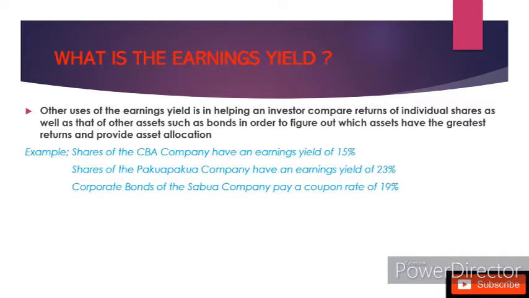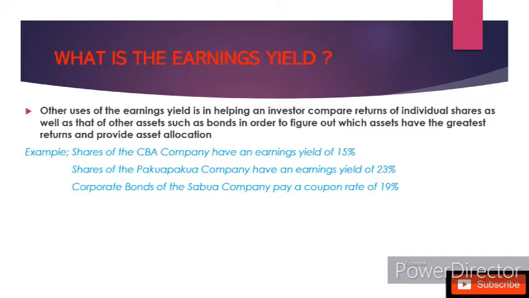Other uses of the earnings yield is helping an investor compare returns of individual shares as well as that of other assets such as bonds in order to figure out which assets have the greatest returns and provide asset allocation. So the earnings yield helps an investor compare individual stocks from different economic sectors to see in which sector there is an opportunity to get the greatest returns as profits on capital invested.